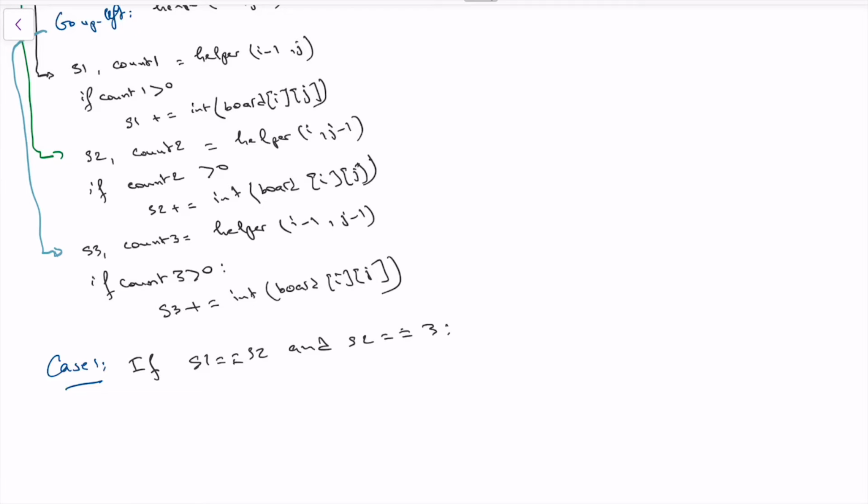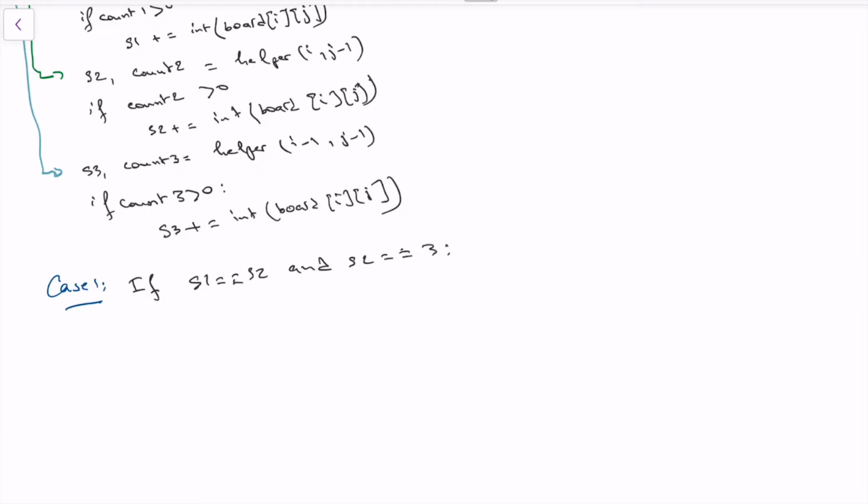If only S1 and S2 are equal, then we will need to add up count 1 and count 2. If, for example, only S2 and S3 are equal, then we will add up count 2 and count 3. If none of them are equal, then we will take the one with the max sum and return the sum and the count. So if all of them are equal, then the resulting sum and count would be S1, or whichever because they are all equal, and the count would be count 1 plus count 2 plus count 3.